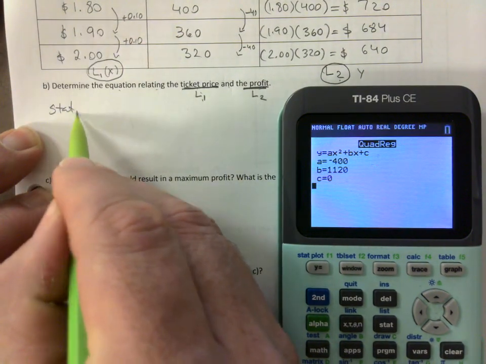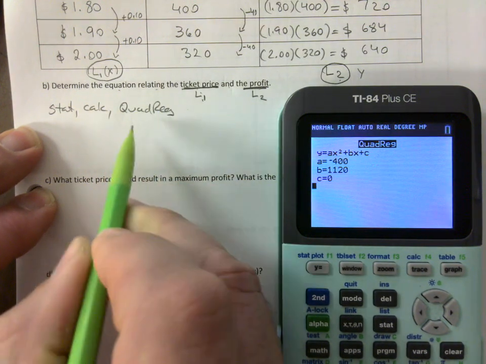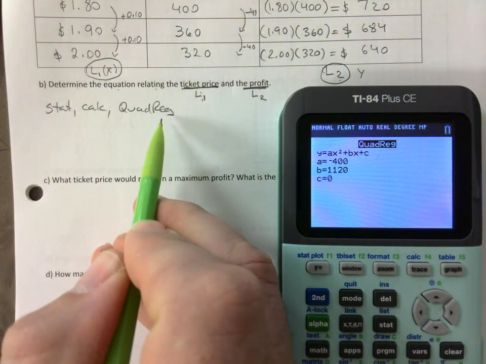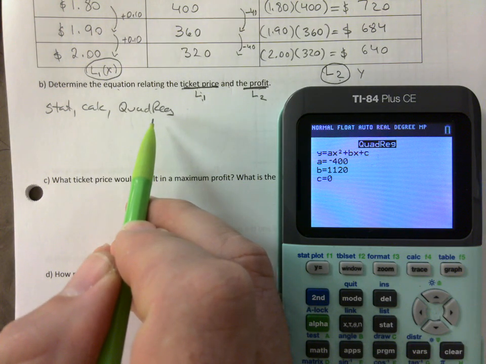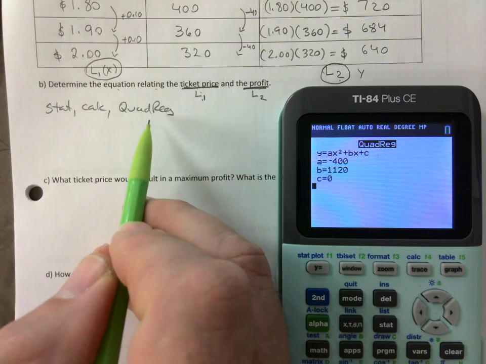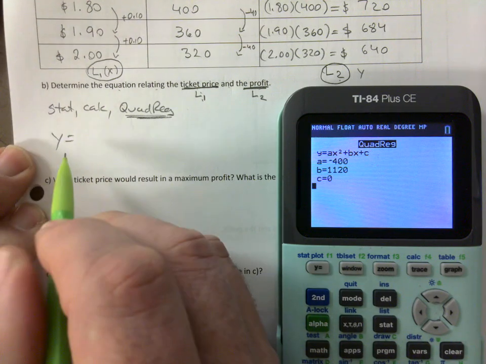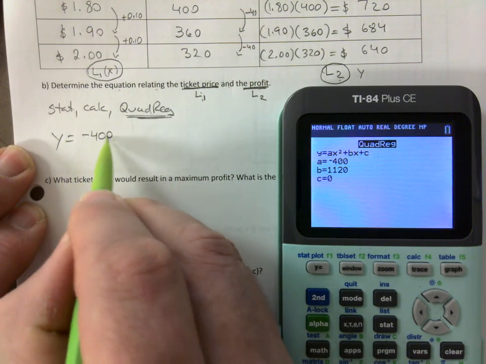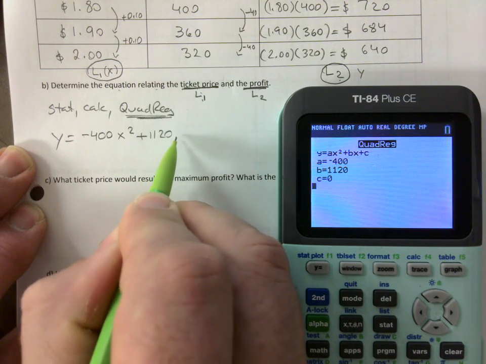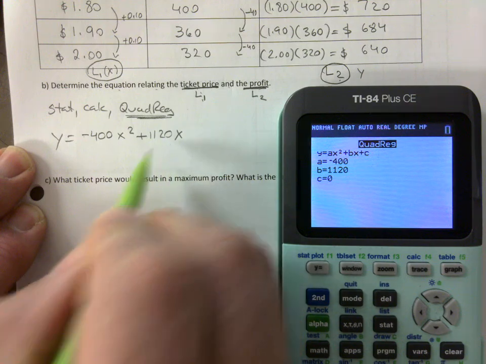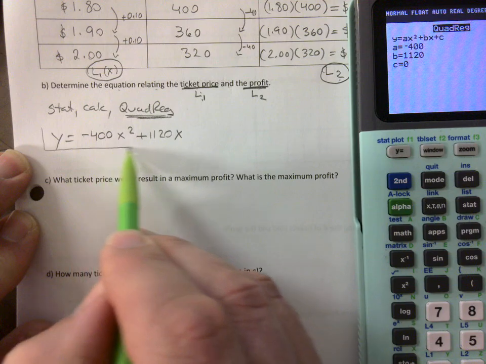I will just tell you, because next year it's not always going to be quadratic regression. It's going to be cubic regression, sinusoidal regression. There's going to be different regressions, so get used to writing this down. This is going to be negative 400 x squared plus 1120 x, and the c is 0, so that's good enough.